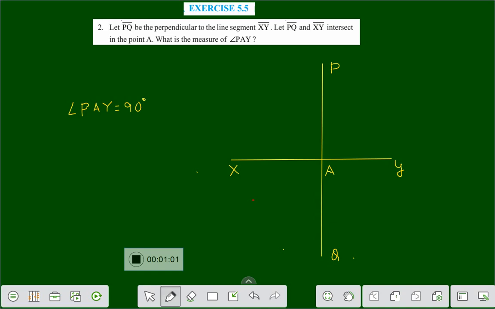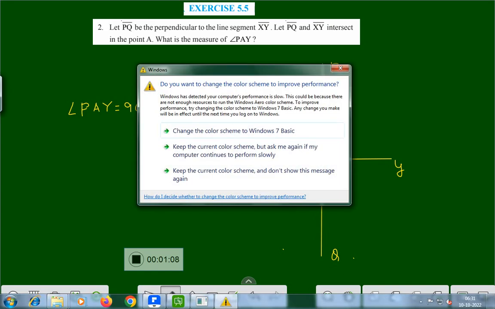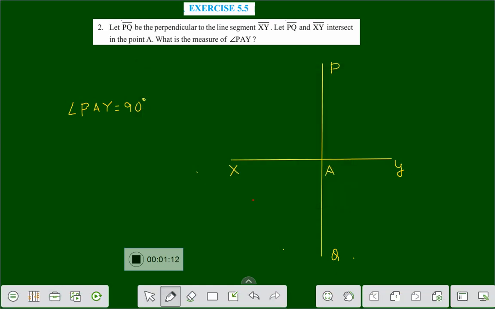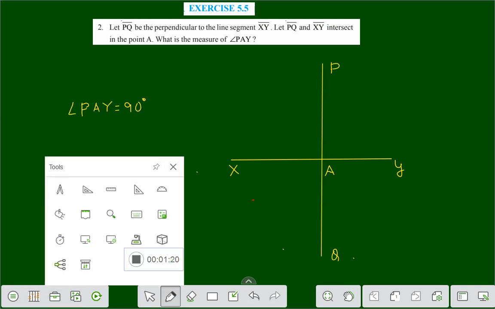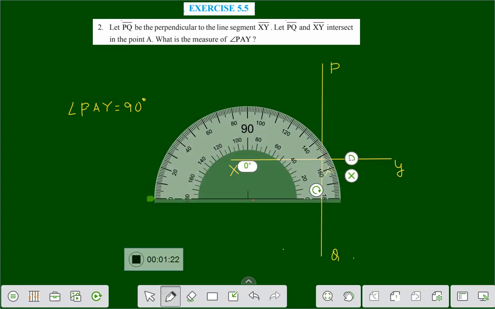With the help of protractor, we will measure angle PAY. Let us take the help of protractor to find the angle. Let us take a protractor. We are taking a protractor.